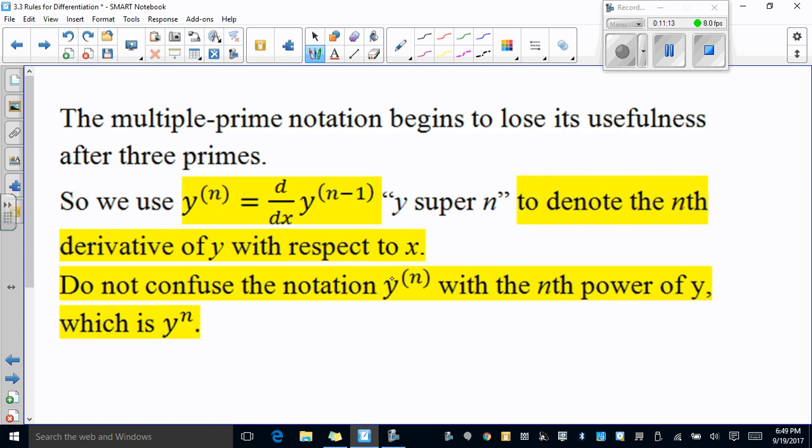You're not going to continue doing little slashes up there. The multiple prime notation begins to lose its usefulness after 3 primes. So if I had the fourth, it would be y with the 4 in parentheses. Only after the third would you do this.